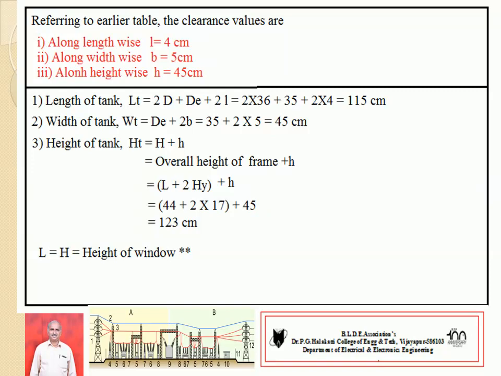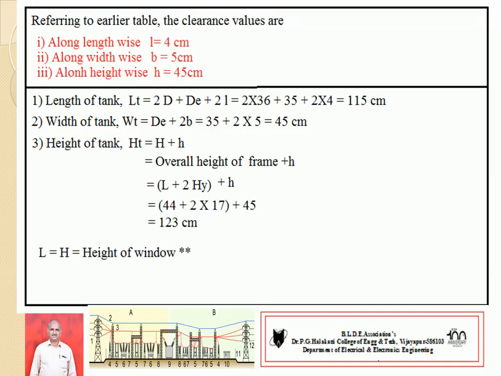Width of tank, similarly, is the external diameter of HV winding plus 2 times B, where B is the clearance. So 35 plus 2 into 5, 45 centimeter.